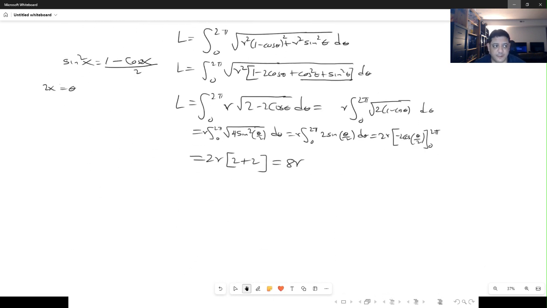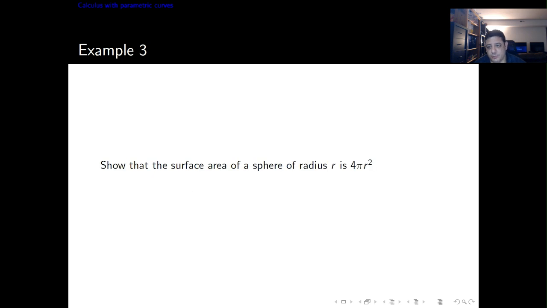And talking about surface area, now the third example is going to be to show that the surface area of the sphere is actually 4 pi r squared. And so we're going to use the formula for rotating a semicircle, and we're going to find out that this is 4 pi r squared.